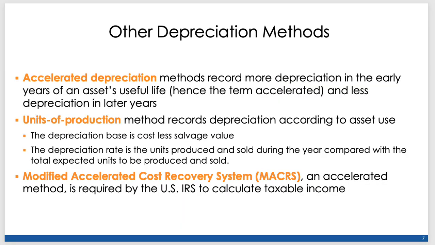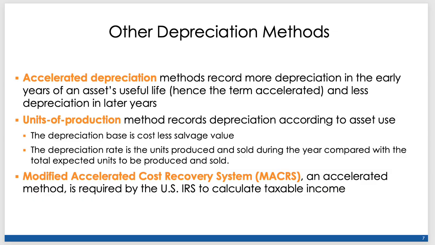Now, there are other depreciation methods that are used from time to time. Again, we underscore the fact that the straight line depreciation method is by far the most popular and always has been historically. But there are accelerated methods that are sometimes used that the IRS and GAAP allow to record more depreciation in an accelerated fashion in the early years of an asset's useful life.